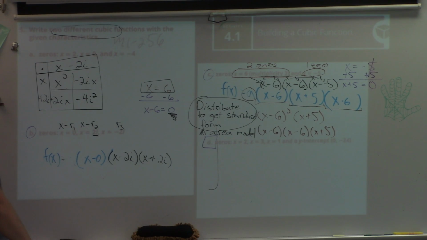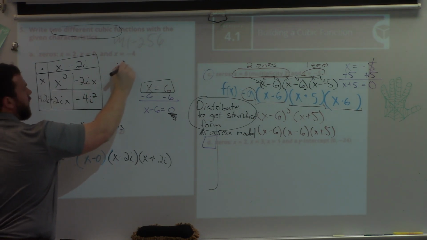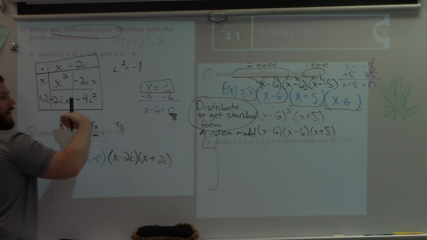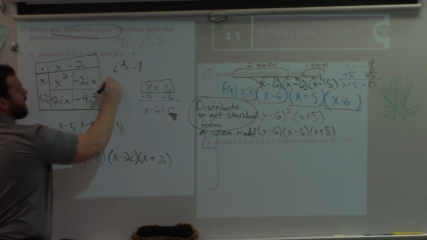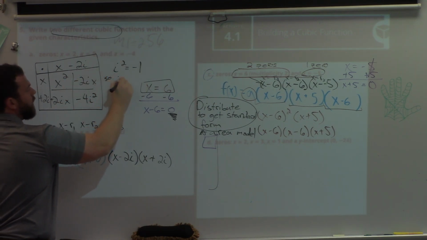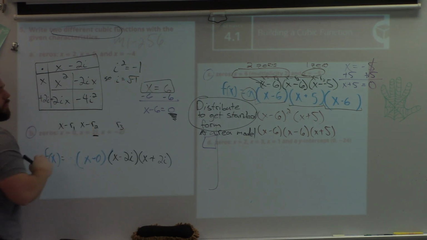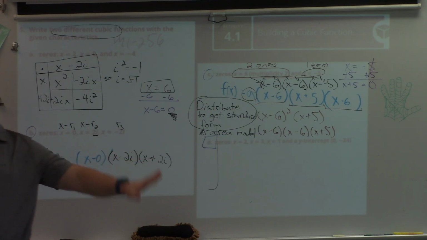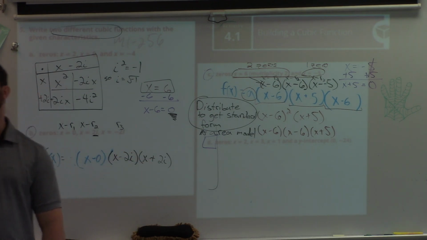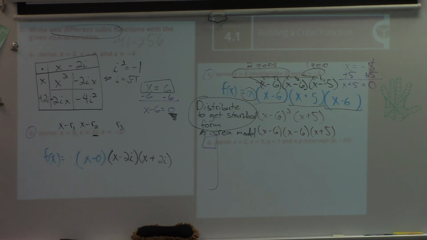Right, squared. And so this is why I wanted to look at this one. I want to remind you, what is i squared again? Remember, i squared is negative 1. That's what allows me to square something and get a negative. And that was why i was the square root of negative 1. Remember, i is the square root of negative 1.